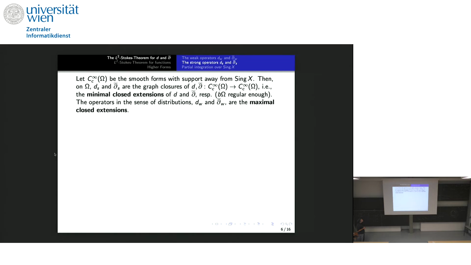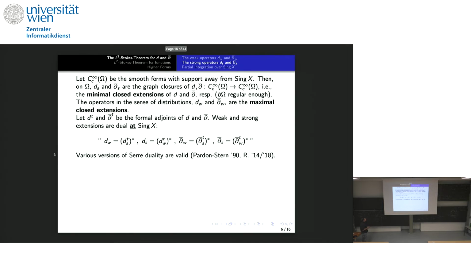The graph closure gives you the minimal closed extension, because all closed extensions have closed graph, so the smallest one, the minimal, you get just by closing the graph. And the weak operators are the maximal closed extensions, because a maximal closed extension must still be a differential operator in the sense of distributions, and that is the weakest condition that you can have.